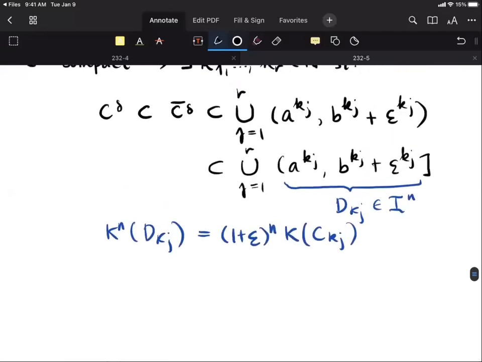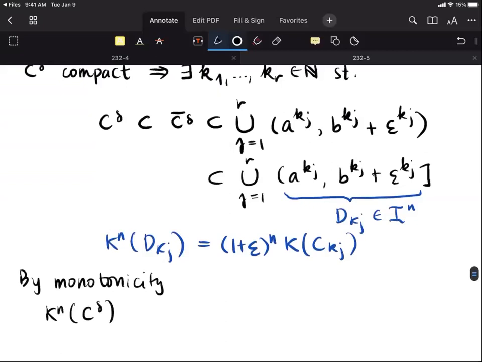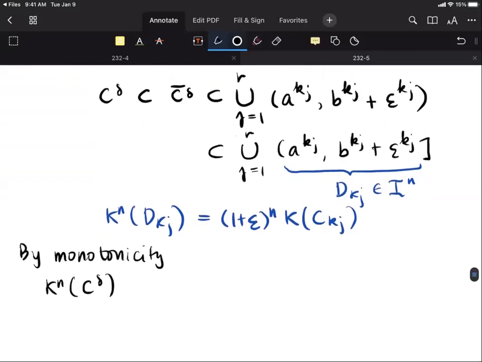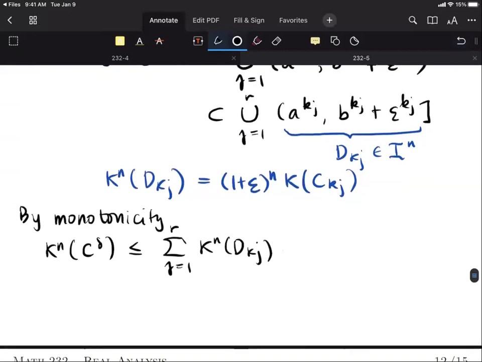Okay. By the monotonicity of a pre-measure or a content, because so far we know that kappa n is a content, kappa n of C delta would be less or equal to, based on this covering here, the sum of kappa n of D_{kj}, and take note that this one is less or equal to 1 plus epsilon raised to n times kappa of C_{kj}, j from 1 to r.